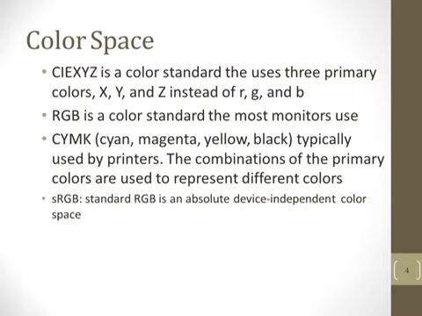A color contains red, green, blue, and alpha components. The alpha component defines the transparency of the color.